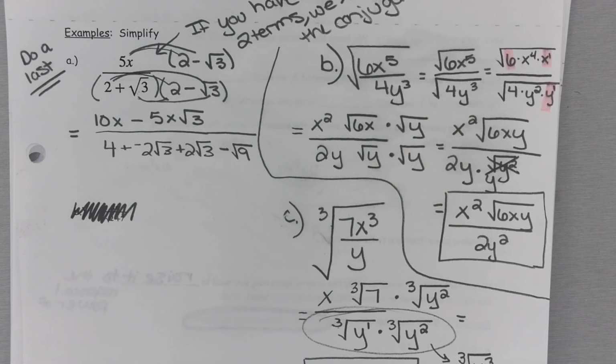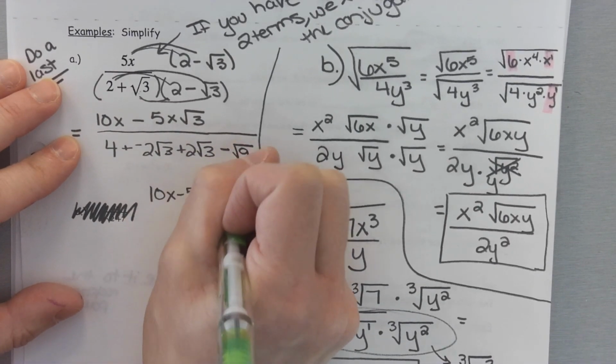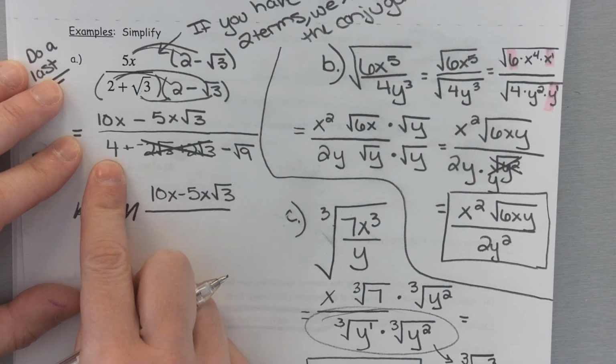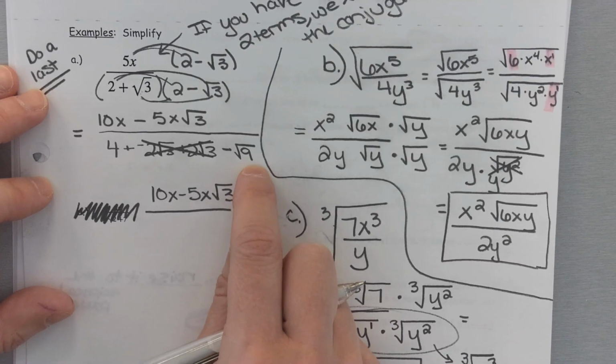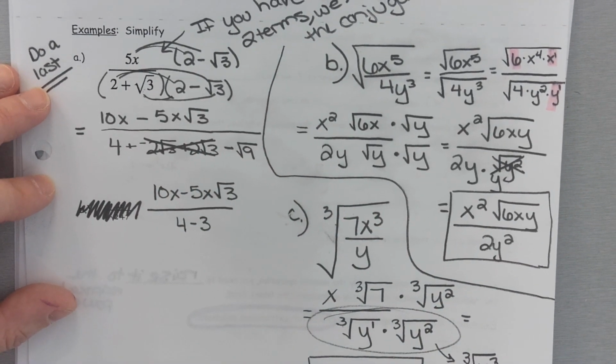Root 3 times root 3 is root 9. Okay, in the numerator, I have 10x minus 5x root 3. In the bottom, these cancel. This is going to be 4 take away what? 3. Well, what is 4 take away 3?